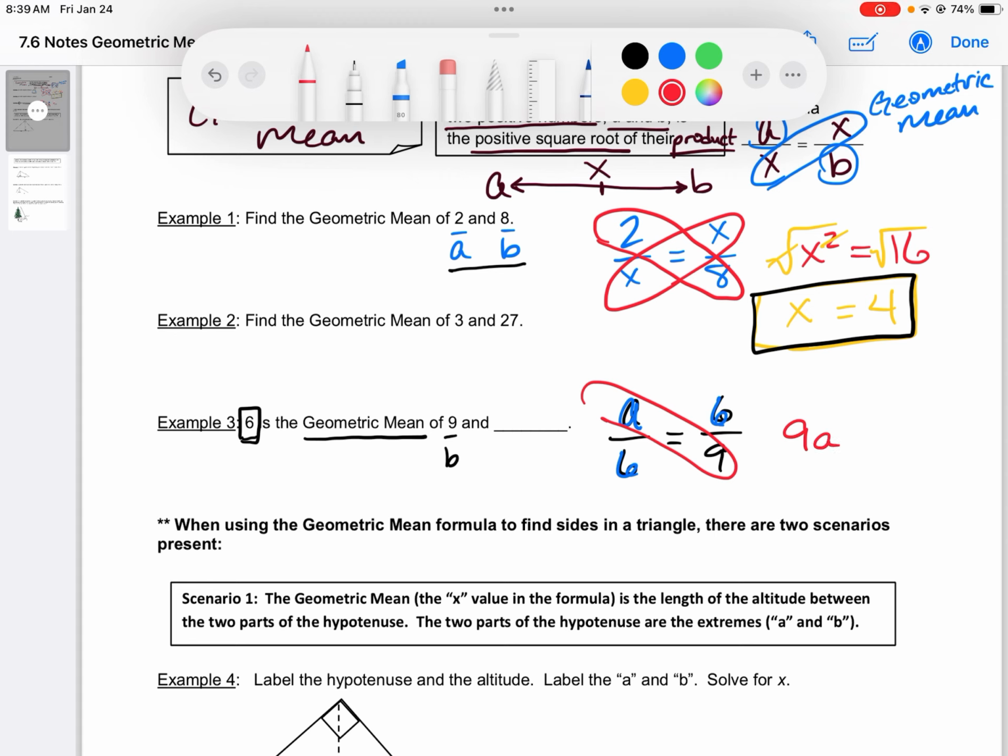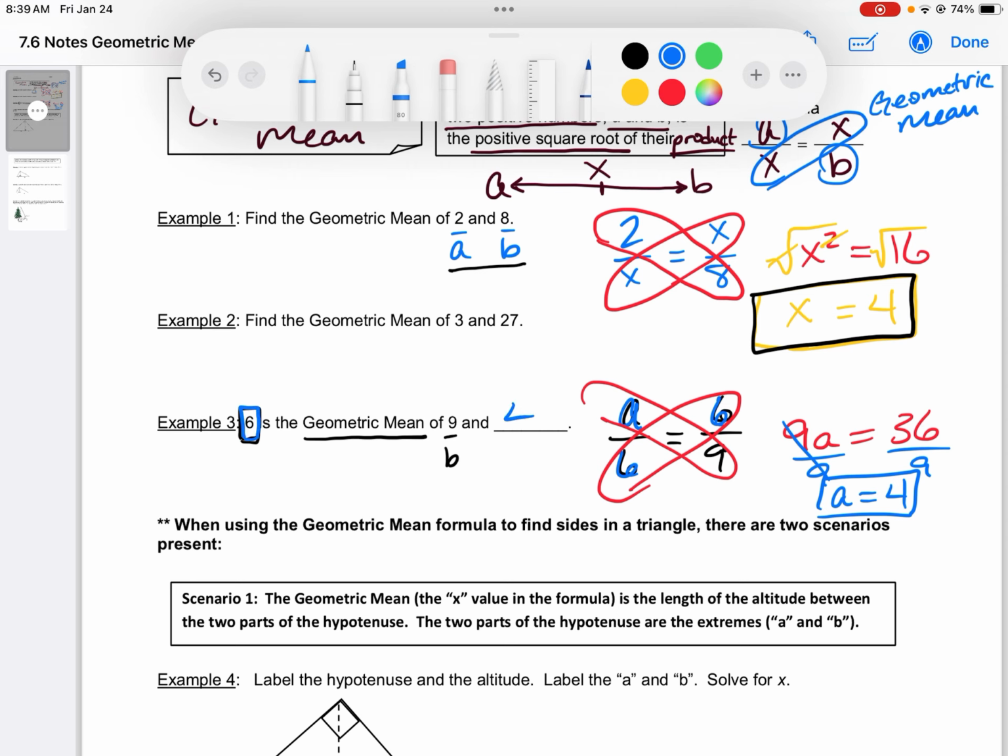So I get 9A equals 36. Again, just going to solve algebraically. Divide both sides by 9, and A equals 4.